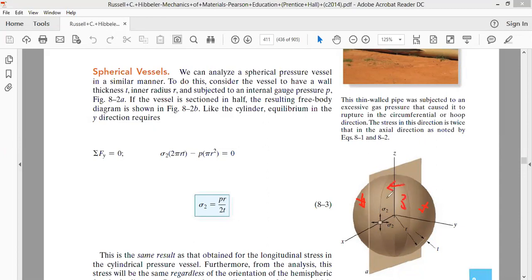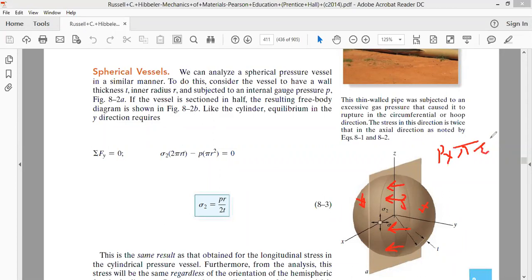The force exerted by the fluid on this sphere will be equal to pressure multiplied by the projected area of the sphere. The projected area of the sphere is the area of a circle, that is pi r square.